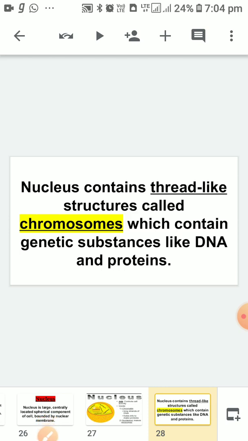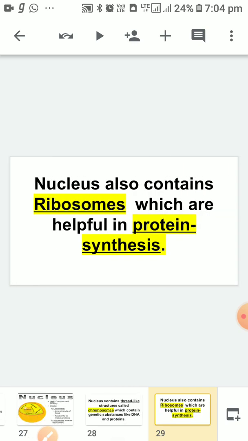So here I have written what nucleus is having. It contains thread-like structures which are known as chromosomes, and which contain genetic substances. Children, chromosomes and chromatin, these two words you can use here, and it contains genetic substances like DNA and proteins. Nucleus also contains ribosomes, and these ribosomes are helpful in protein synthesis.